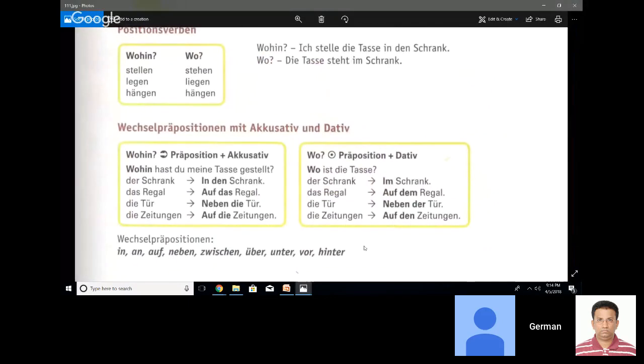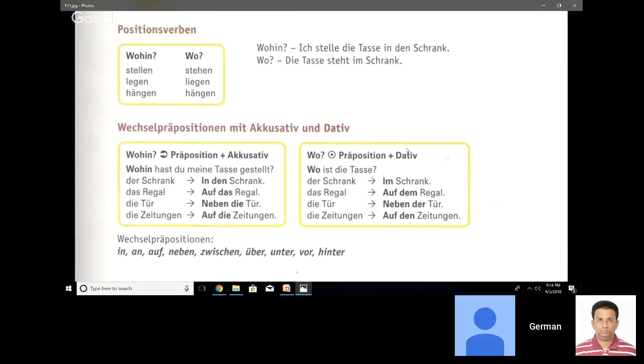Now, as I said, Wechsel prepositions could be either accusative or dative. To understand if it is either accusative or dative, again there is a list of verbs which take compulsorily accusative and a list of verbs which take compulsorily dative.